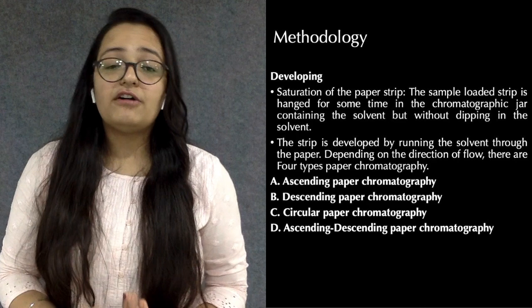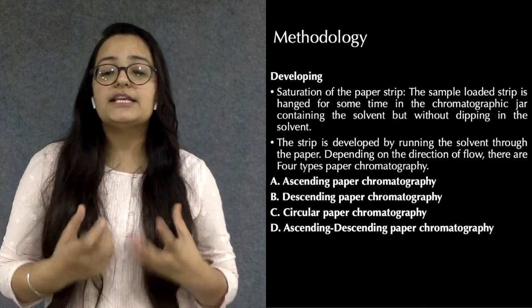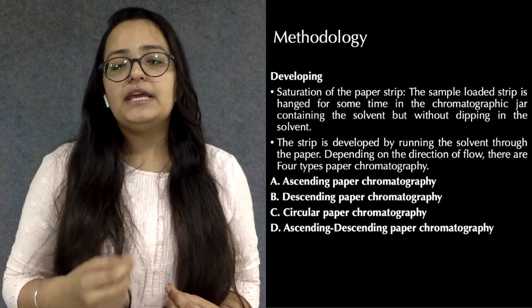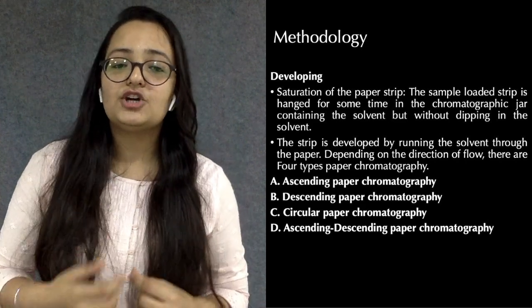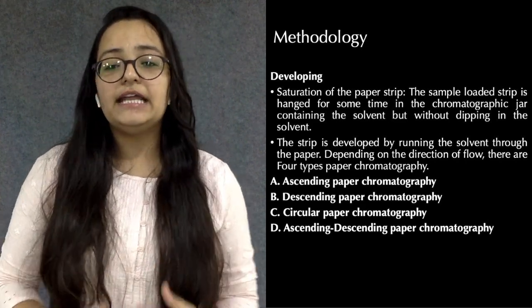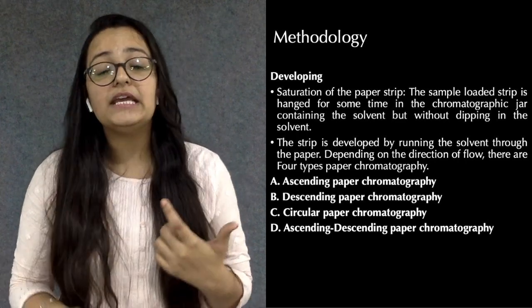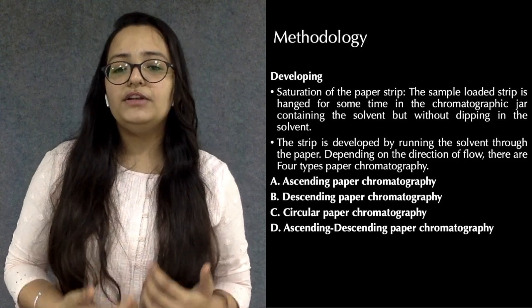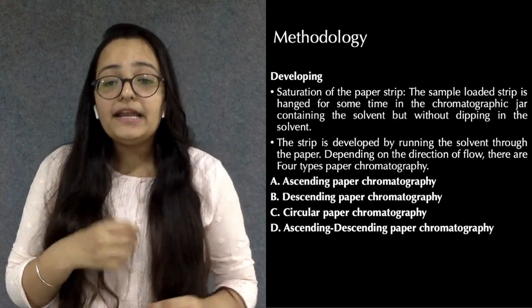Simple development of paper chromatography is done by saturation of the paper strip. The sample loaded strip is hung for some time in the chromatographic jar containing the solvent, but without dipping in the solvent.